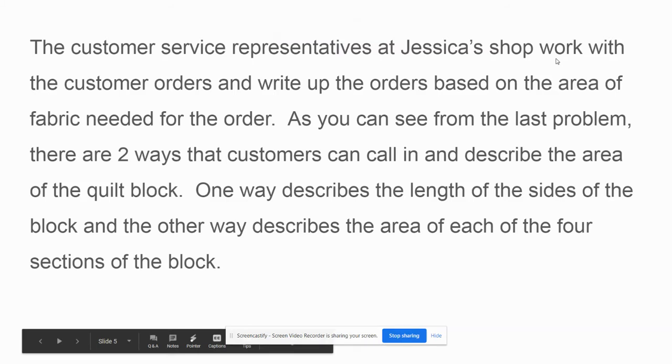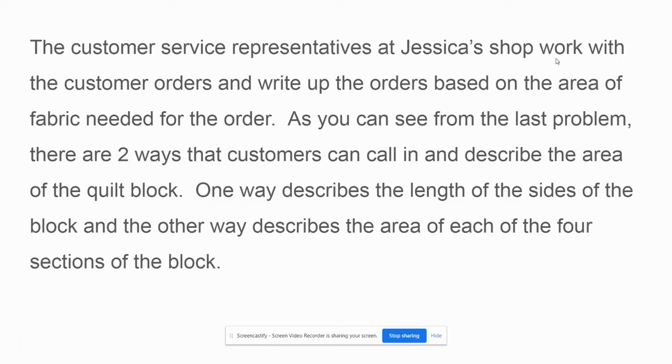Here we go. So the customer service representatives are going to help write up some orders for Jessica. And there's two different ways that we could describe the area. One of them was the lengths of the sides, which was the x plus 3, the quantity squared.